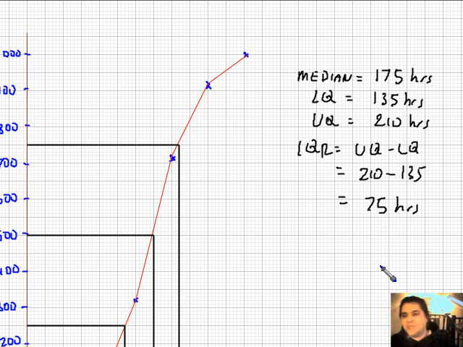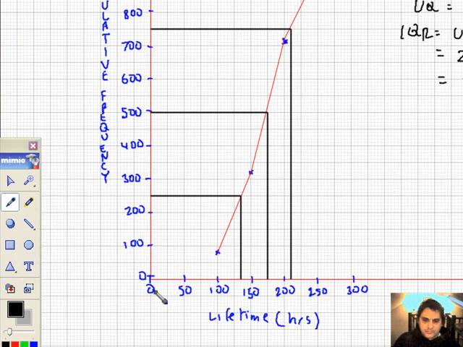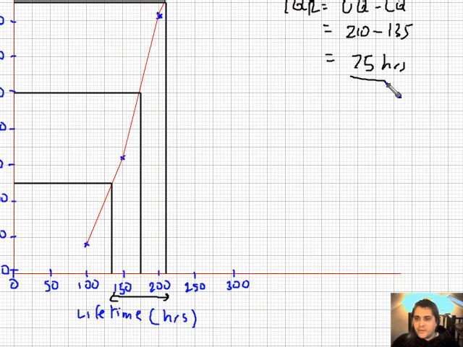So the spread of lifetimes of these 1,000 bulbs for the middle half of them is 75 hours. We've avoided the bottom quarter and the top quarter. We've focused on the middle half, and it's quite a tight spread, isn't it?